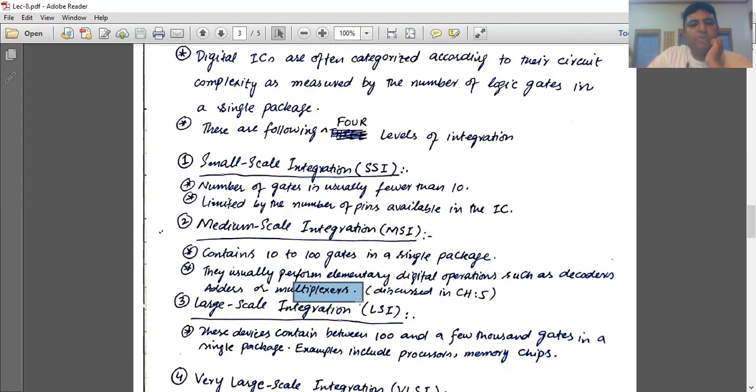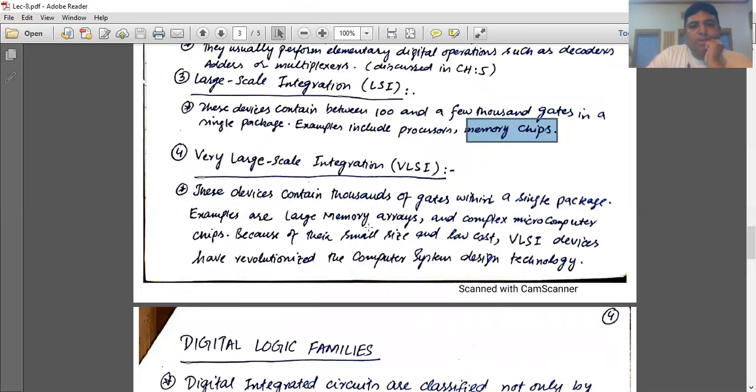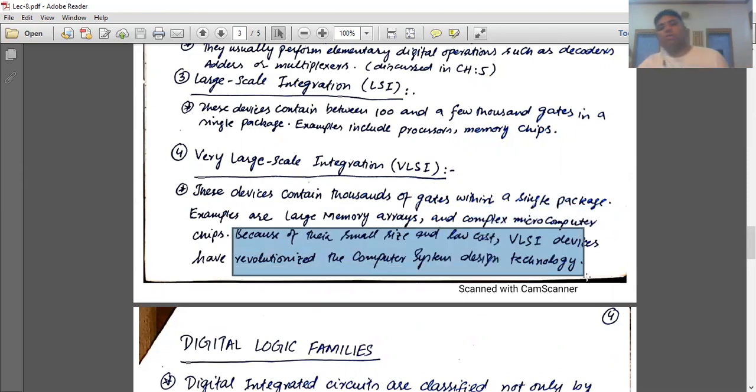Examples of large scale integration are processors or memory chips. And very large scale integrations are memory arrays and complex microcomputers. Very large scale integration has revolutionized computer and digital system technology. Because of VLSI, we are able to make very small electronic devices or computers.